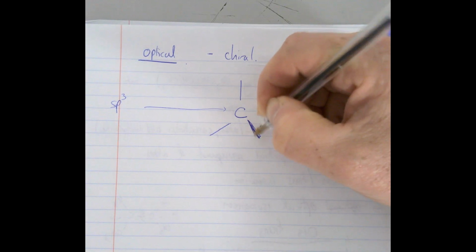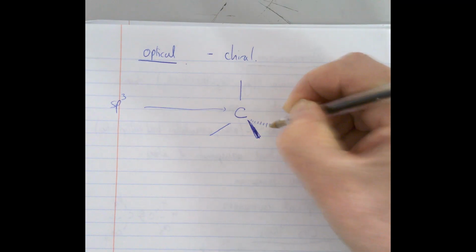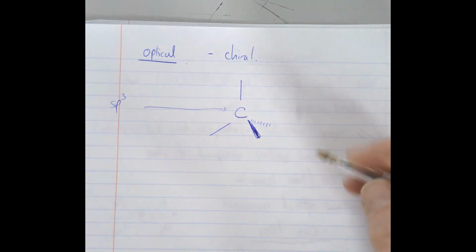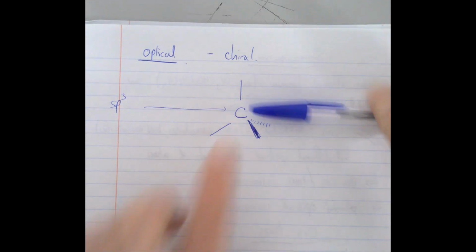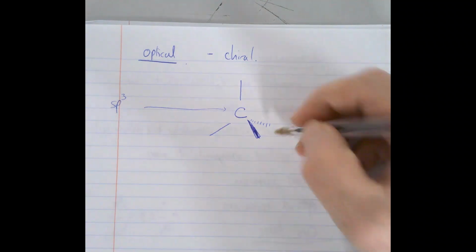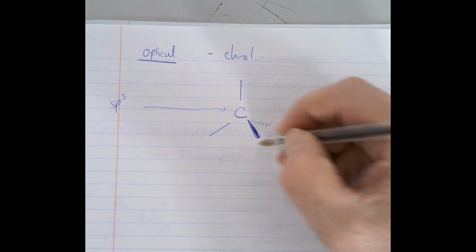We do that as a wedge coming towards us, and one going slightly behind. So again, they're both within that. If you try and imagine that as a quadrant, both bonds are within that bottom right quadrant, or wherever you want to draw it. So either bottom right or bottom left quadrant, say.